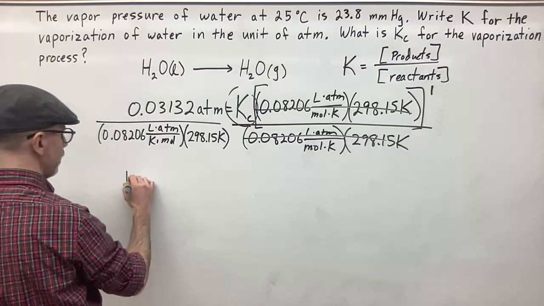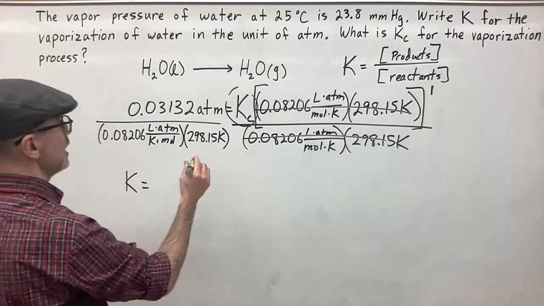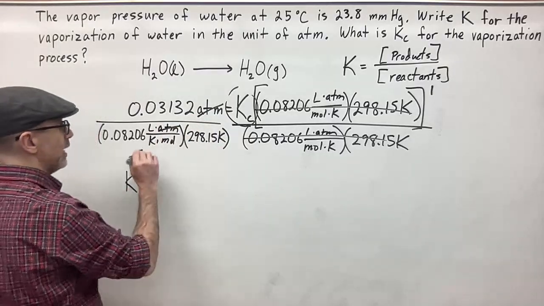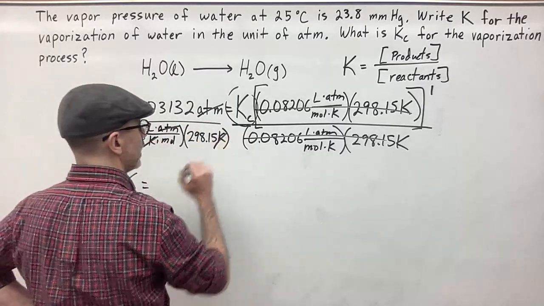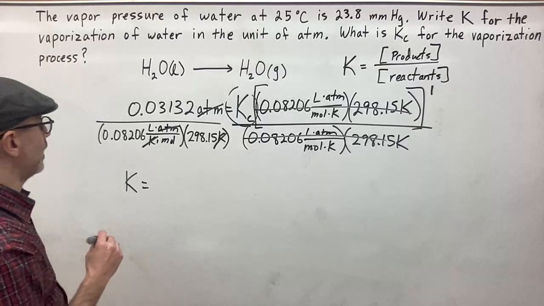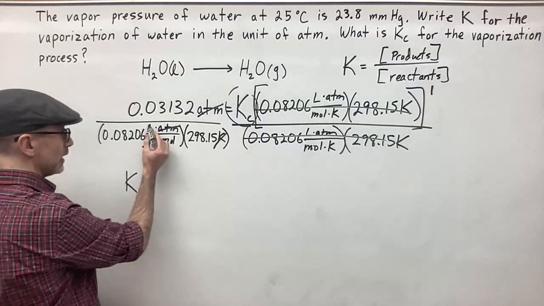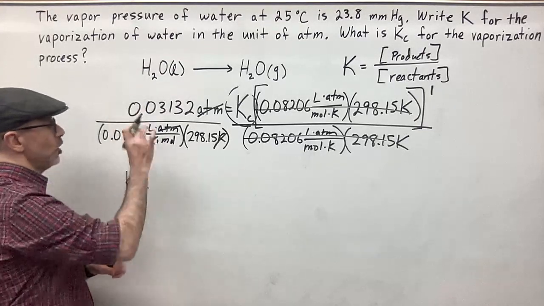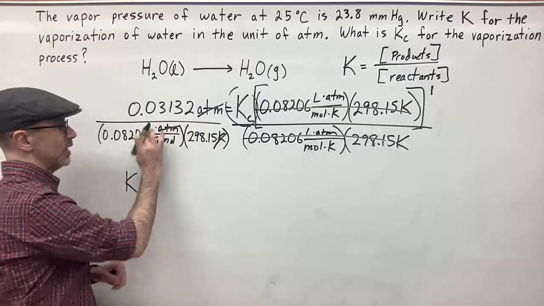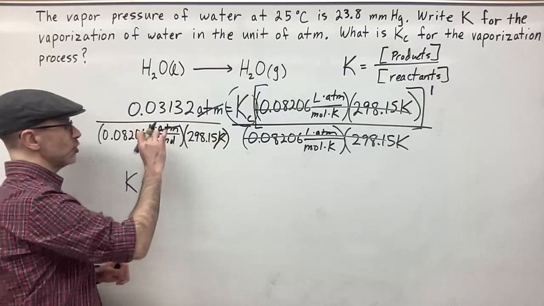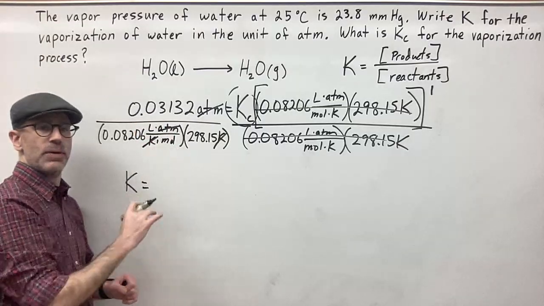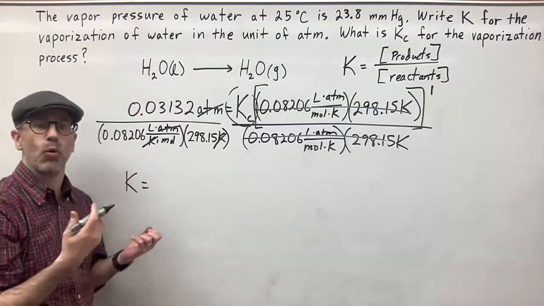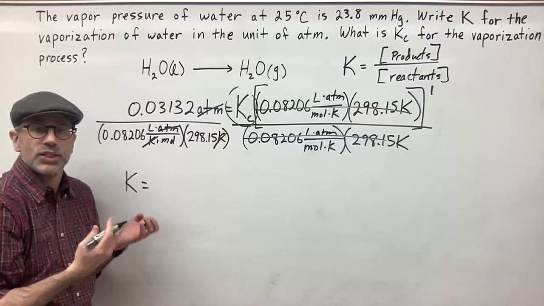Before I calculate, notice that the atmospheres cancel out and Kelvin cancels out, and I get liters over moles on the bottom. So this is 1 over this, all in the denominator. Liters over moles in the denominator becomes moles over liters when you bring it to the numerator. And so I get a molarity unit, which is what Kc is.